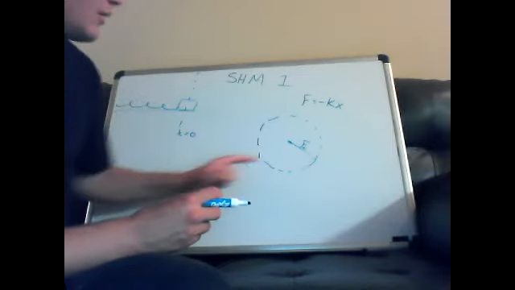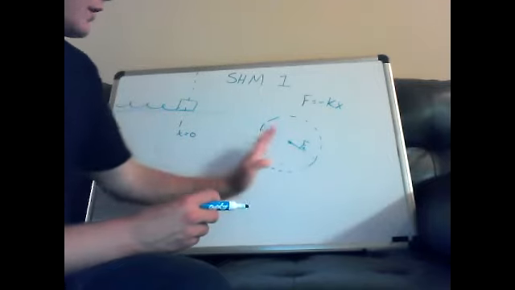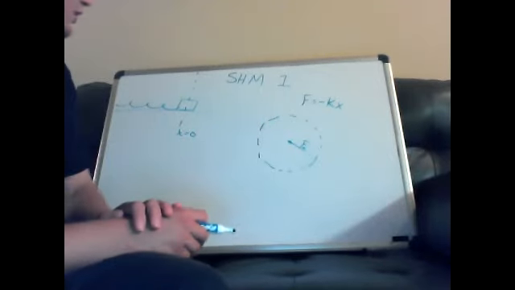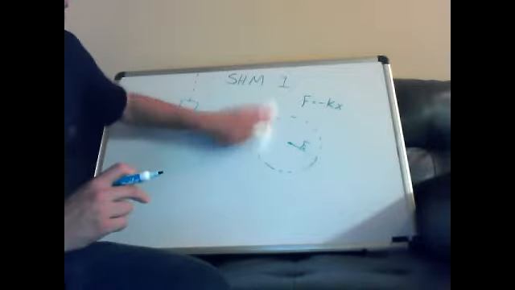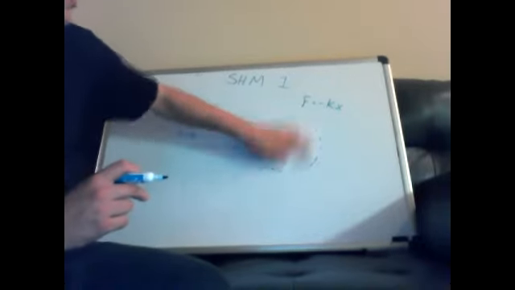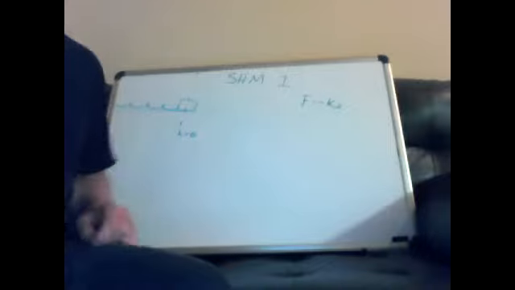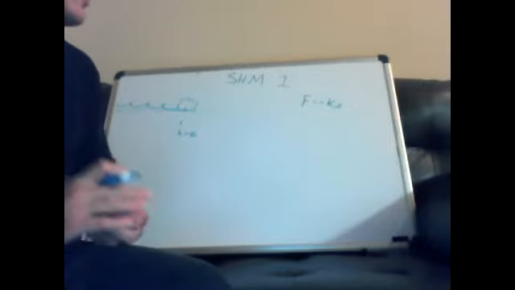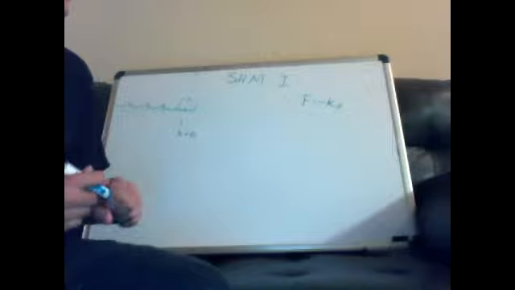You could say as it goes around this circle, it's going to undergo behavior very similar to this mass on a spring. Because of that, I'm not going to do the full derivation, but we can combine this force with the centripetal force, simplify things down, and write the tangential velocity in terms of the angular velocity.